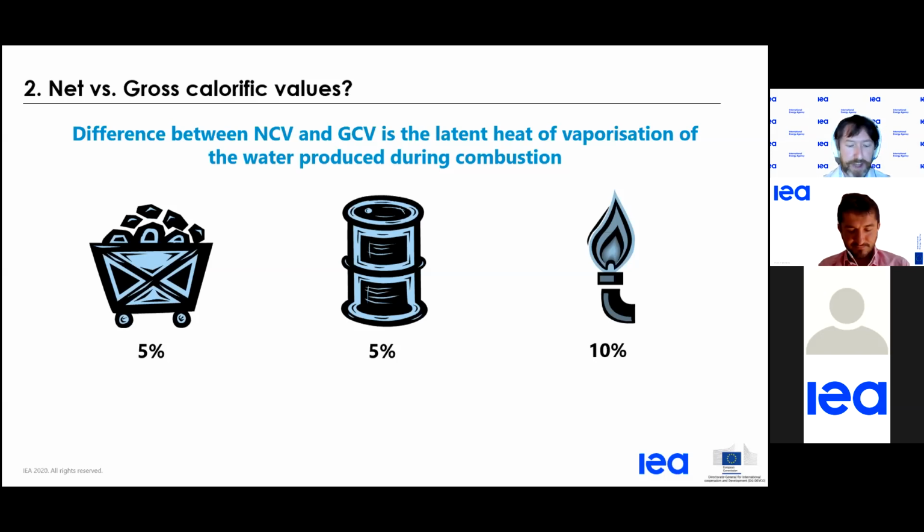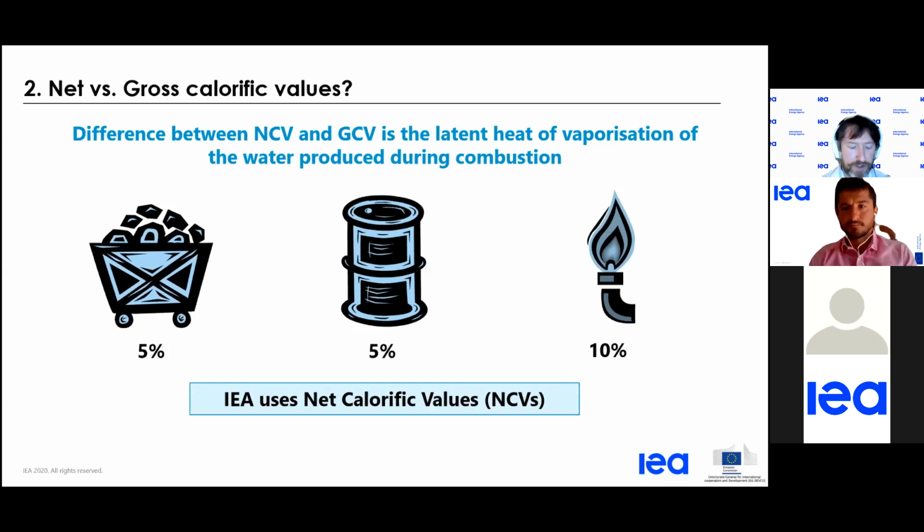So the gross calorific value will tell you the total energy content of the fuel, but the net calorific value will tell you the useful energy content. So the net calorific value for oil and coal is about 5% less than the gross, while for natural gas, the difference is about 10%.